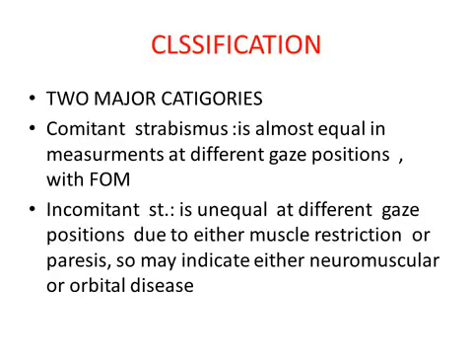How do we classify squint? We have two major categories, comitant strabismus and incomitant strabismus. In comitant strabismus, the measurement is almost equal at different gaze positions, with full ocular motility. So the differentiating feature between comitant and incomitant is testing ocular motility.